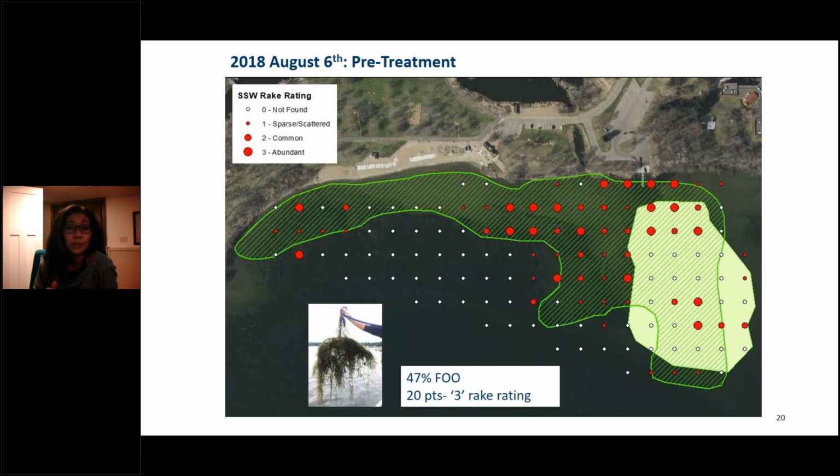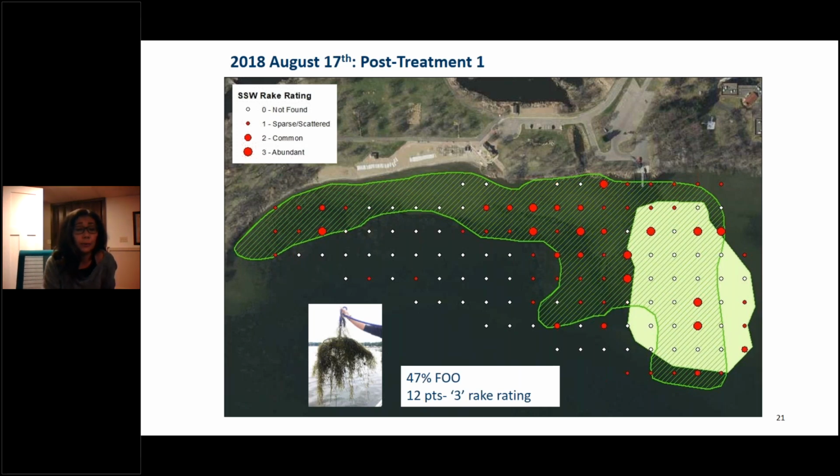As I scroll through these maps moving forward, here on the bottom you'll see a % frequency of occurrence. That's what that FOO is. So basically just % presence of starry stonewort. And then also we wanted to enumerate how many points within our grid we would rate as an actual 3. And just to give you a little bit of visual of what that is, there's a photo on the left side at the bottom.